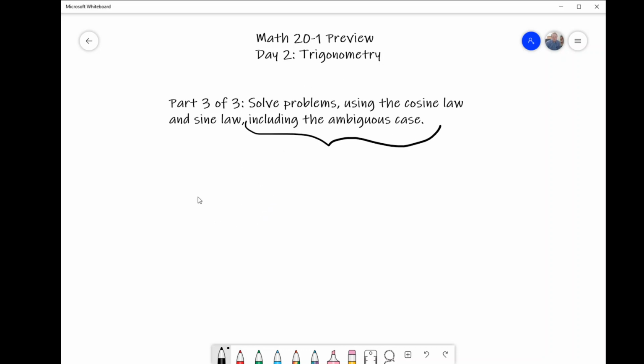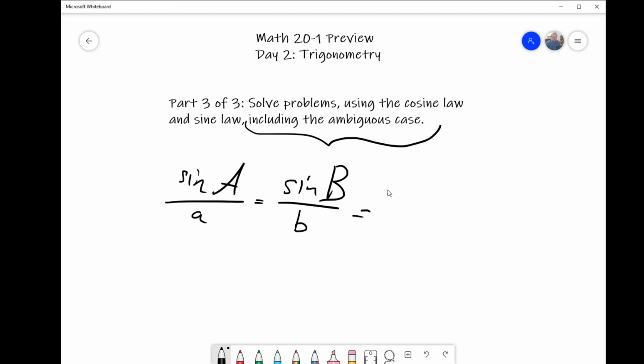So remember, the sine law gives us a consistent ratio between the sine of an angle and the length of the side opposite that angle within a single triangle. So these do not need to be right-angled triangles, but as long as we are within a given triangle, these ratios hold.